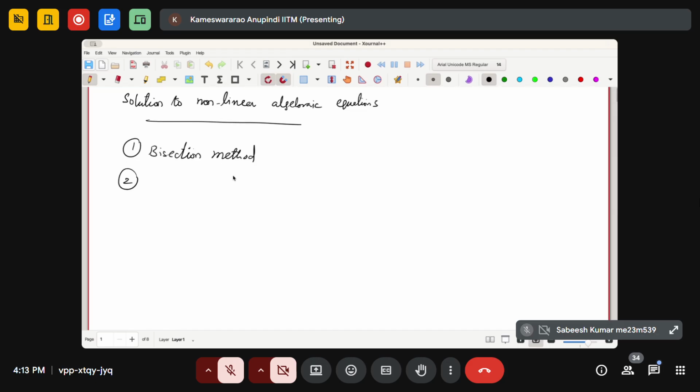Now let us look at the next method, that is Newton's method. Newton's method is also known in the literature as the Newton-Raphson method.